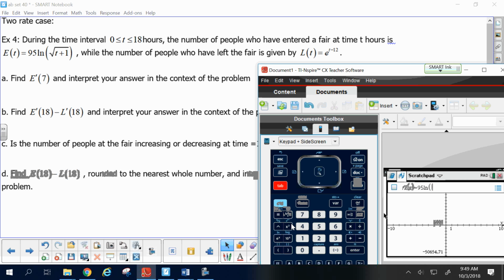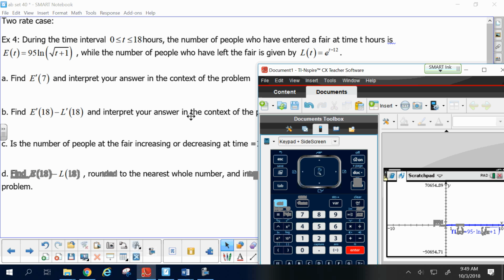The square root of x plus 1. Oh, what the heck is going on? The square root of x plus 1. I think that's right. Wow, that's really small. Oh, my window's still set to the previous problem.